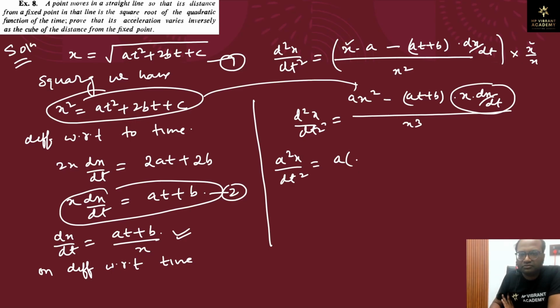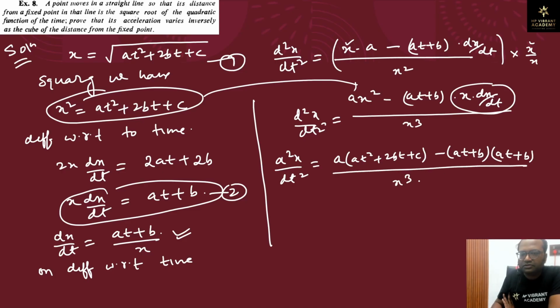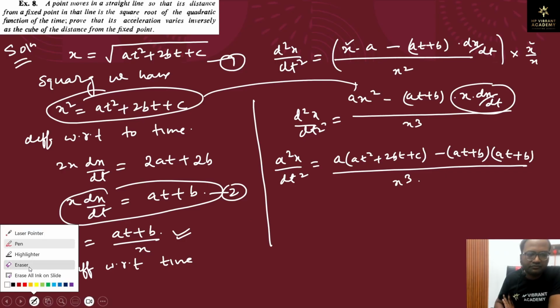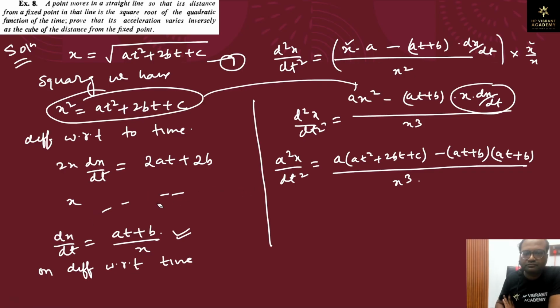So this is equal to a into (at square plus 2bt plus c) minus (at plus b) into (at plus b), upon x cube. Let us further simplify this.